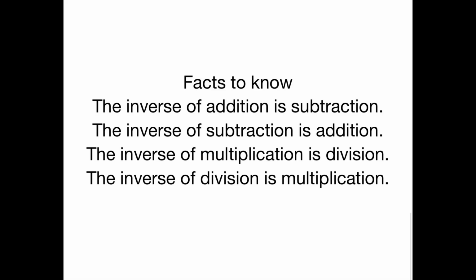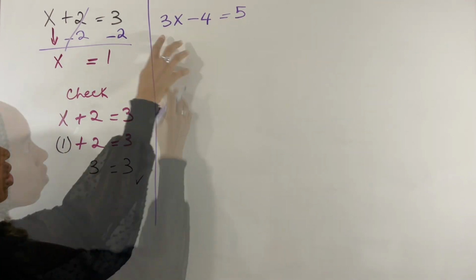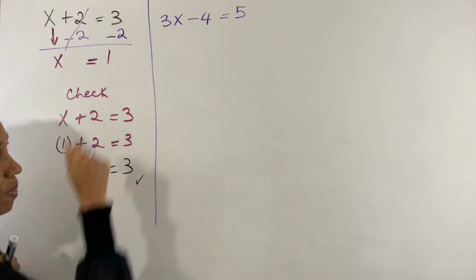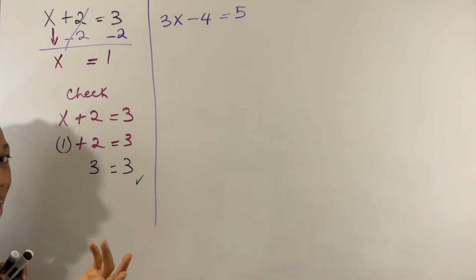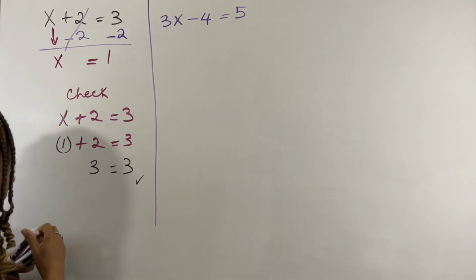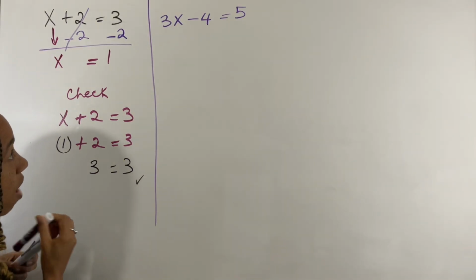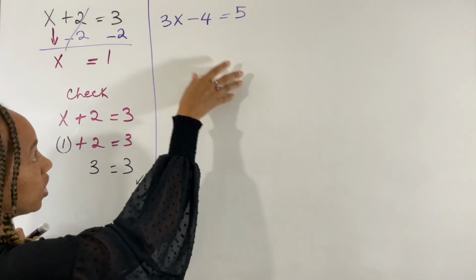The second example I'm going to do for you is 3x minus 4 equals 5. You notice here that there is a 3 that is being multiplied onto the x variable, as opposed to the first example where there was no number being multiplied onto the x. So we are going to continue with the same operation as before.